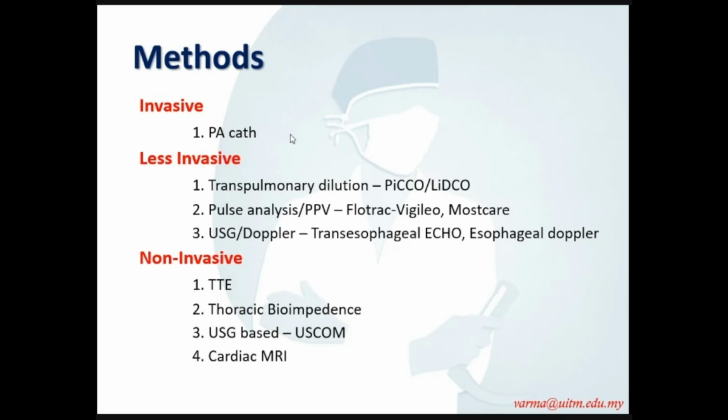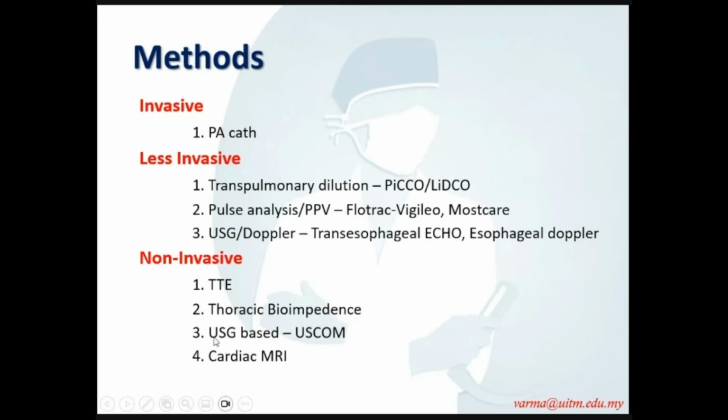And after that, we have non-invasive techniques such as transthoracic echo. The normal echo we do at the bedside can also calculate our cardiac output, by using the measurement of your chambers and then putting in your heart rate and everything. Another method is called thoracic bioimpedance.